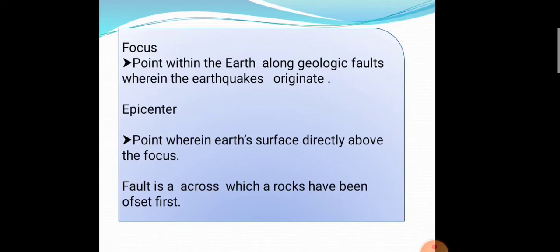So the focus is underneath. The epicenter is the point on the Earth's surface directly above the focus. So the difference is the focus is underneath and the epicenter is on the surface. Then a fault is a fracture across which rocks have been offset.